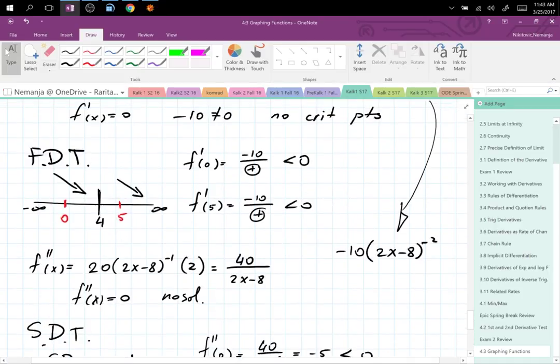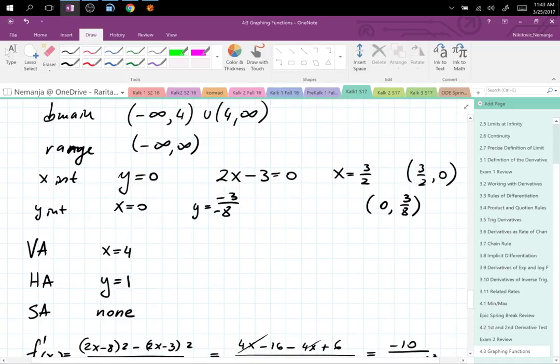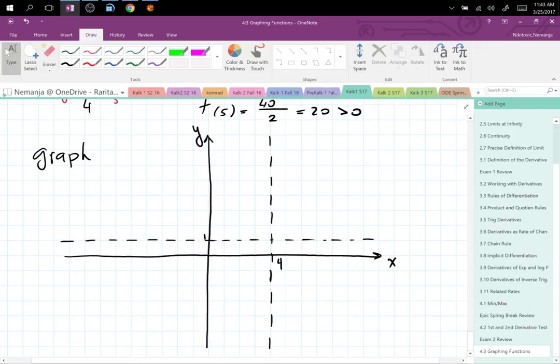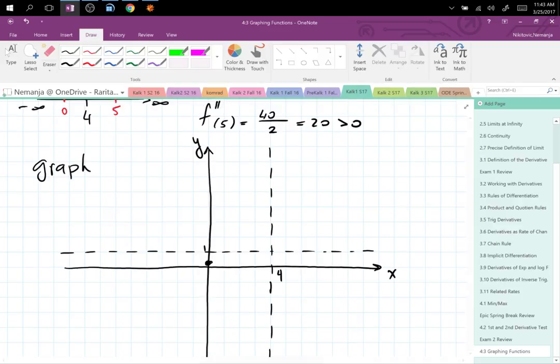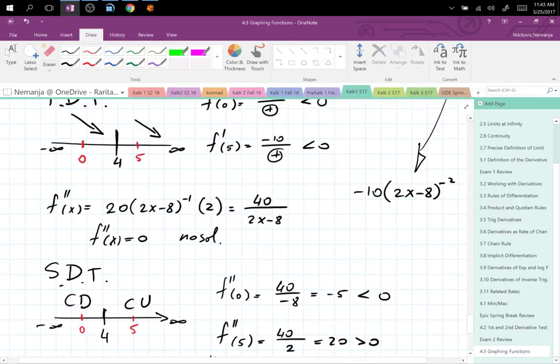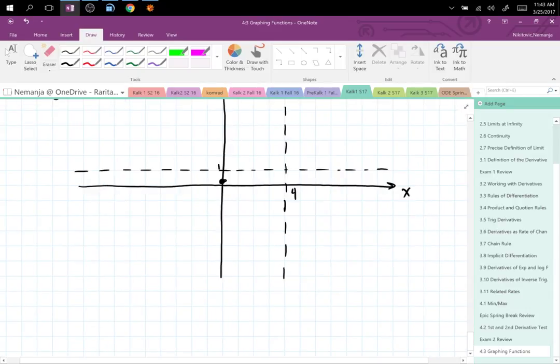And then y-intercept at 3/8. 3/8 is right here. I have no min, no max. I have concave down, concave up, and then everything is decreasing. Now remember, concave up, concave down, decreasing, decreasing, decreasing.